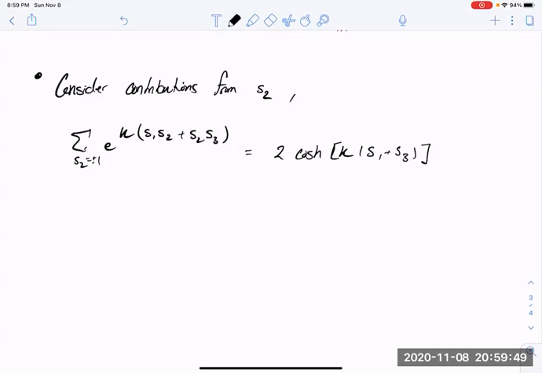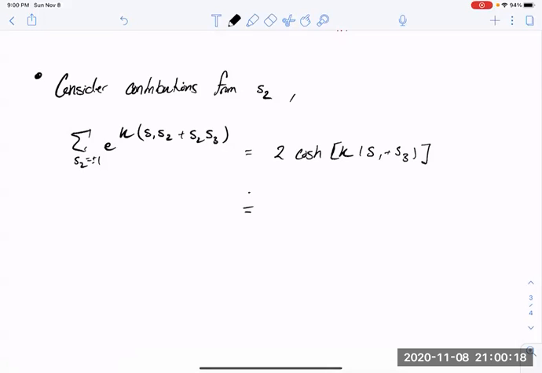I get one exponential with a positive sign in its argument for S2 being plus 1. I get one exponential with a minus sign in its argument from S2 being minus 1. The sum of those two exponentials with opposite signs in their arguments is related to the hyperbolic cosine up to a factor of 2.